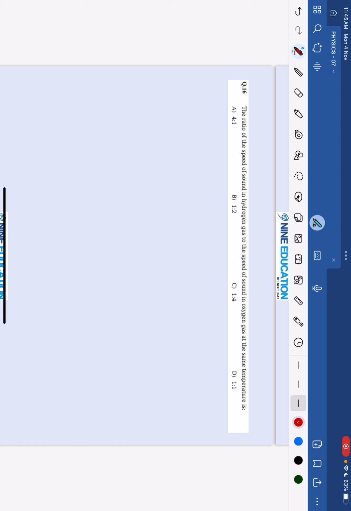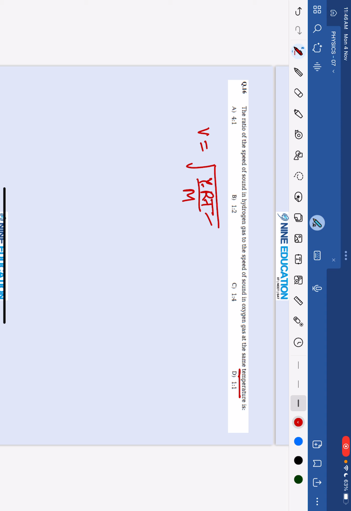Now we have the ratio of the speed of sound in hydrogen gas to the speed of sound in oxygen gas at the same temperature. The speed of sound in a gas depends upon its gamma and its molar mass. We have it at the same temperature, so T is constant, R is constant.